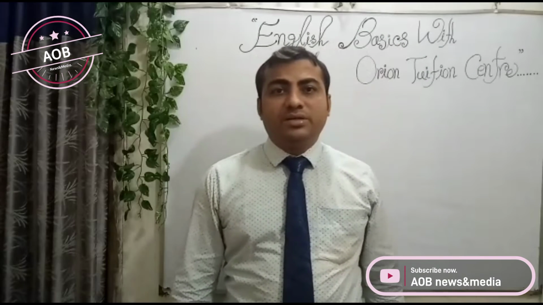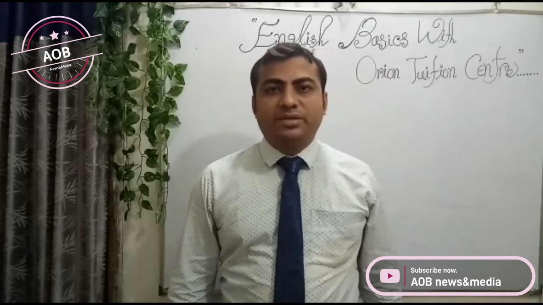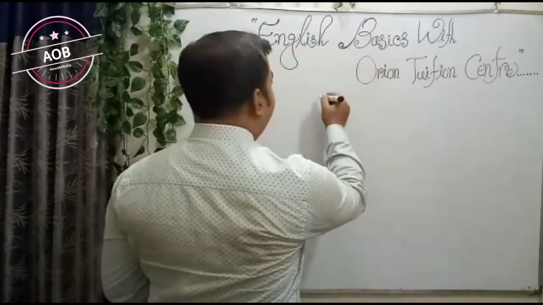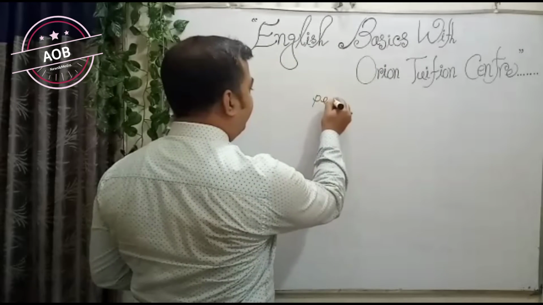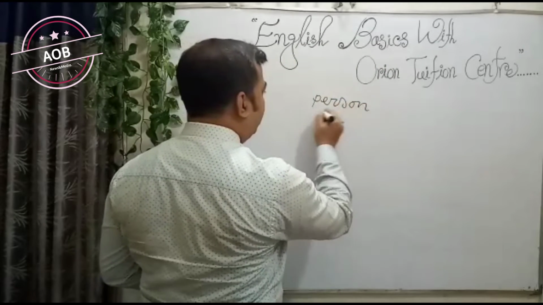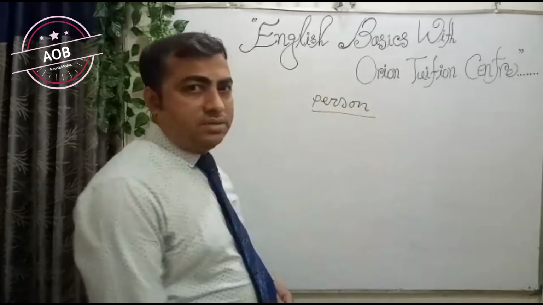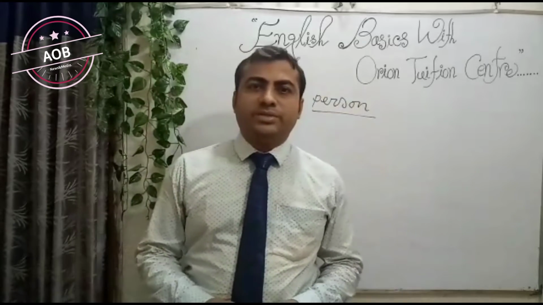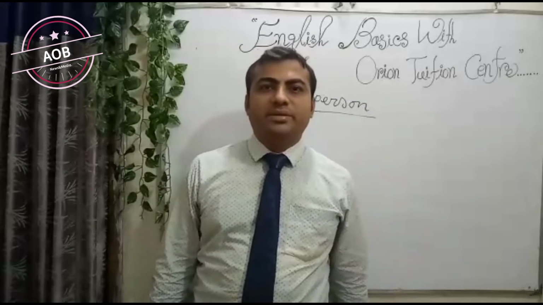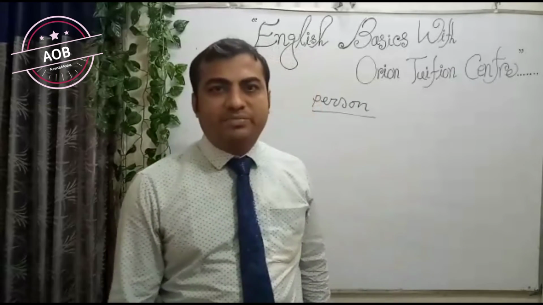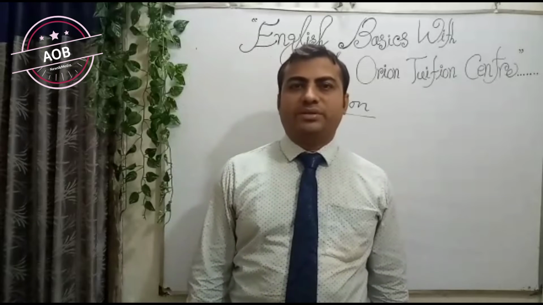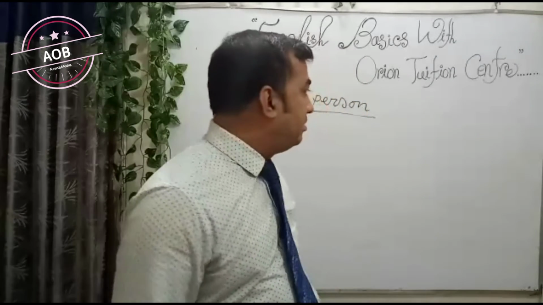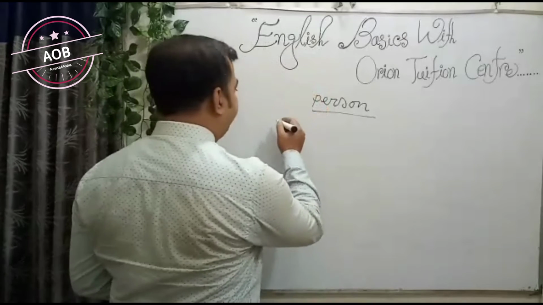I would like to talk about person. So let's get started. Look at the board. Person. The learners, you know there are three types of person, that is first person, second person and third person. So the learners, look at the board once again.